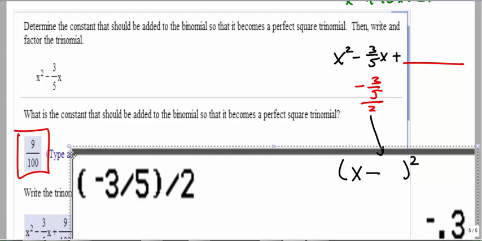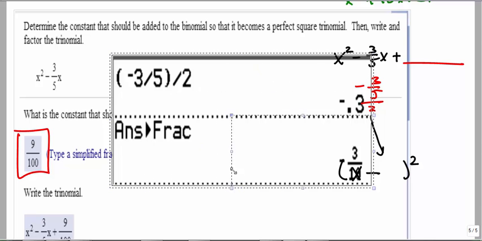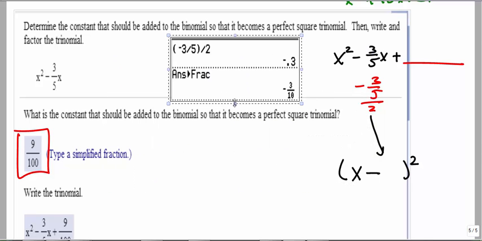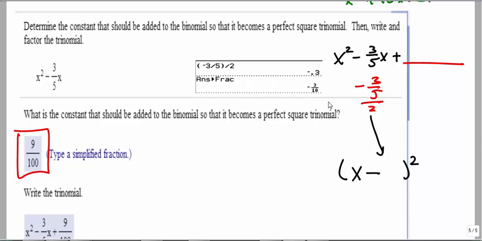I'm going to paste, there we go. And again, this is how you get that value of -3/10. So that's going to go right down here. So the minus sign is already there for me, so -3/10.